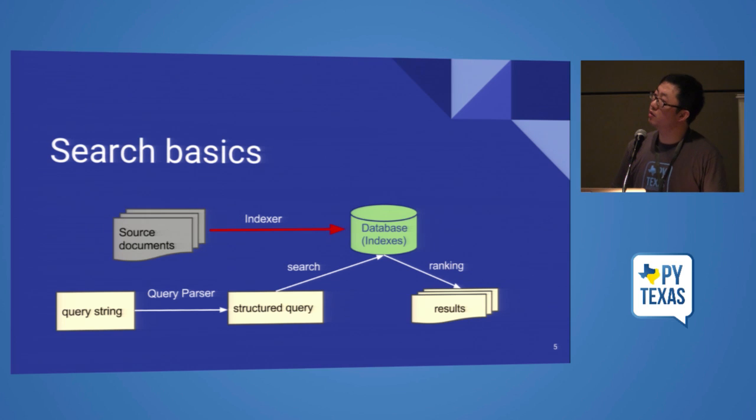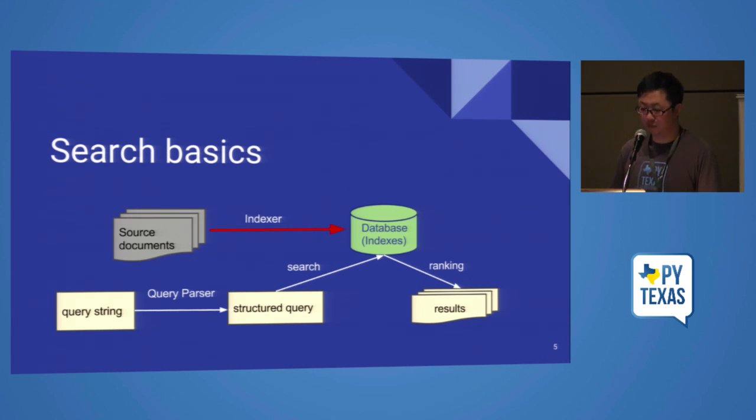Before we go into details about Xapian, let's first look at the basics of search. There are two important steps in search. The first one is the indexing process. We need to build an index database from the source documents. Usually we use an indexer to parse the source and build the database.